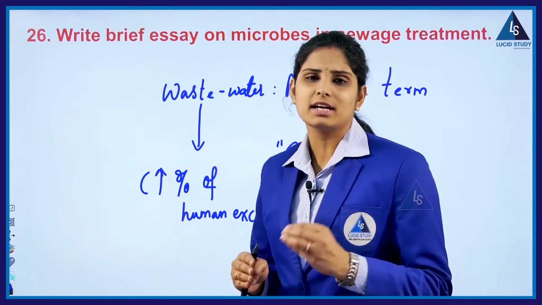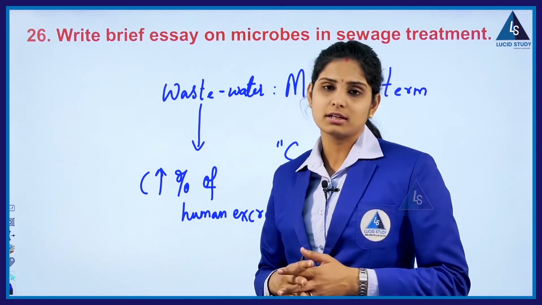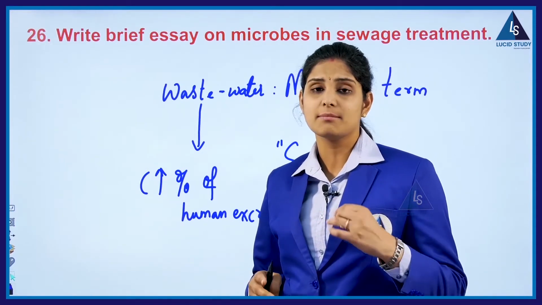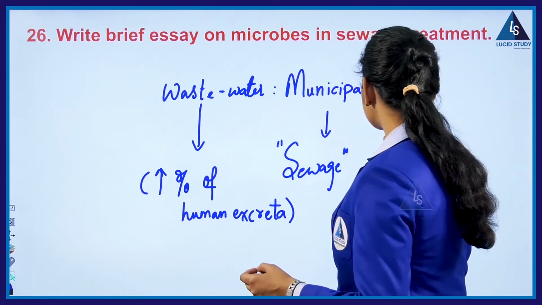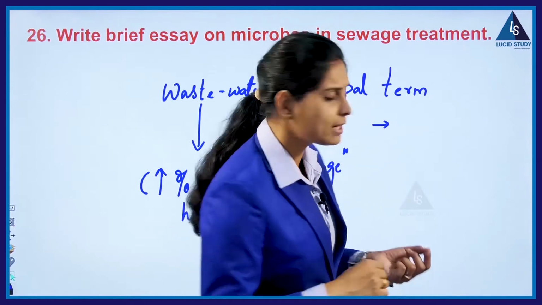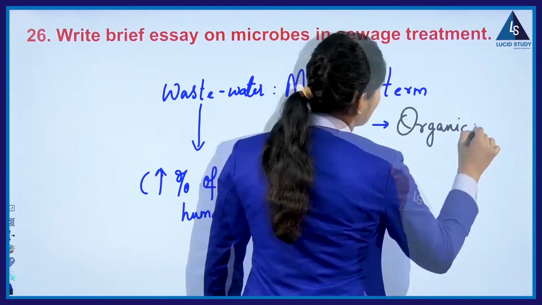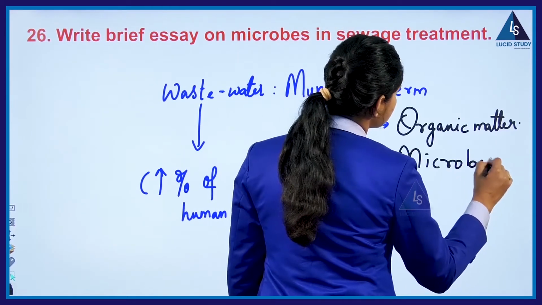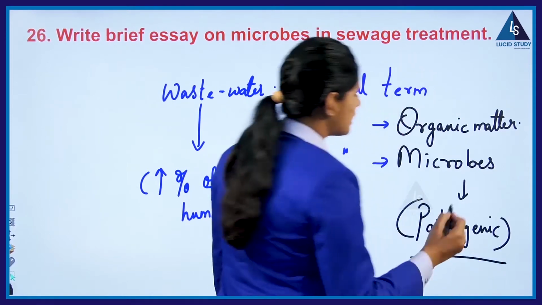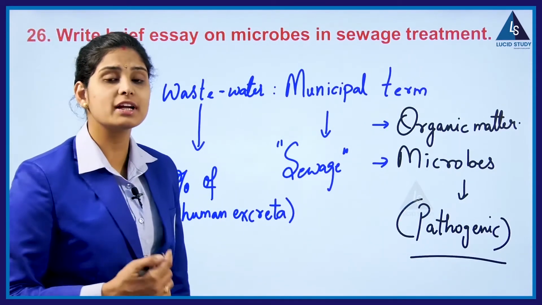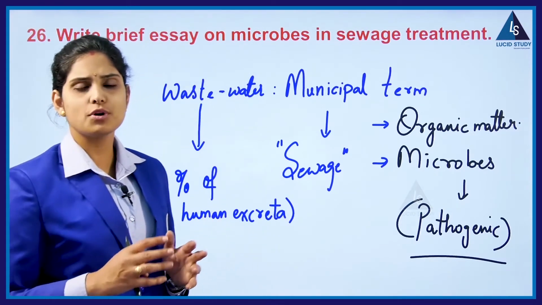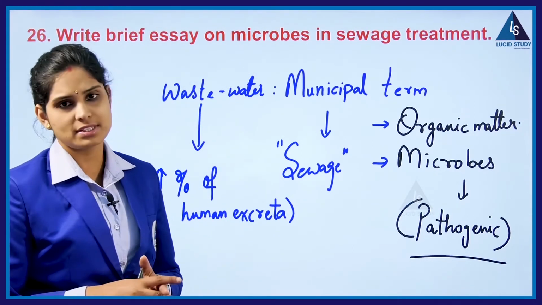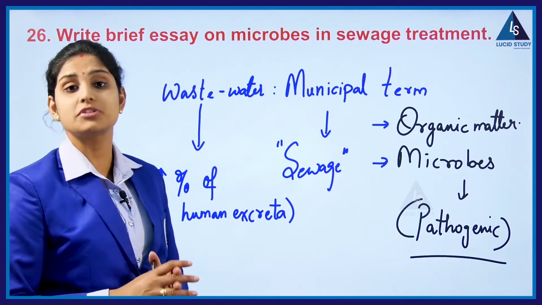As you know, it contains a lot of organic matter, and even microbes, some of which are pathogenic in nature. The presence of organic matter and pathogenic microbes may cause different kinds of diseases and disorders. So before we release them into any surface, we have to treat them.